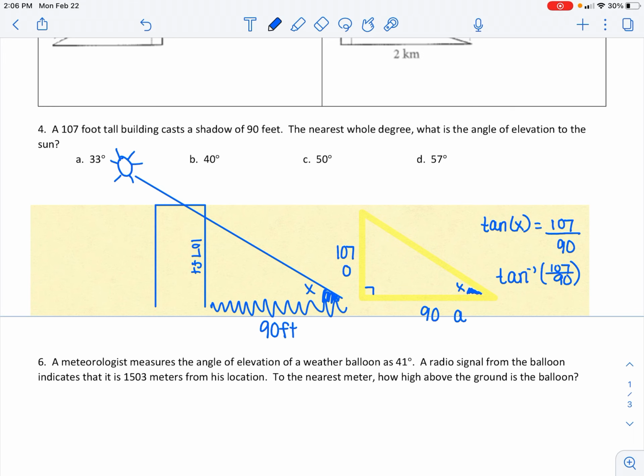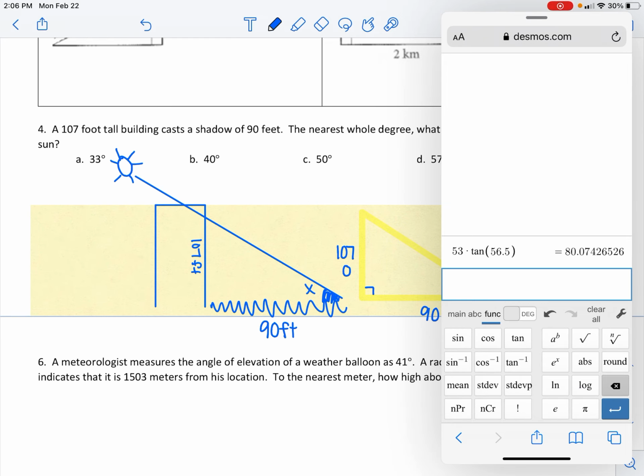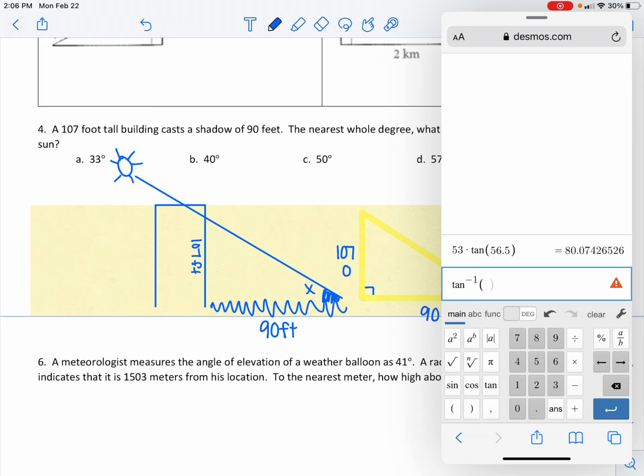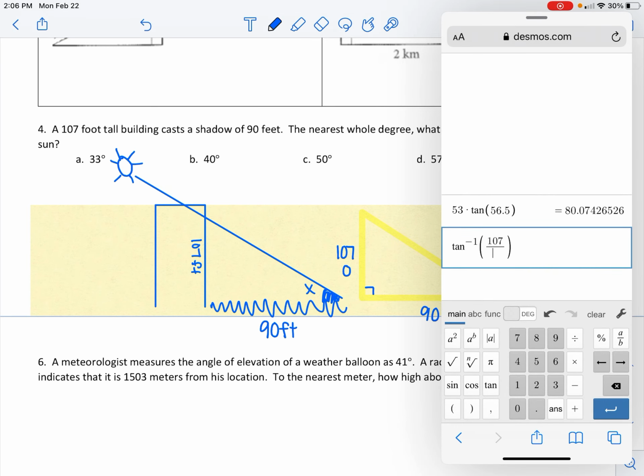And let's go ahead and pull up our Desmos here. So we're going to say the inverse tangent, go back to the main, of 107 over 90. And that's going to give me 49.9.